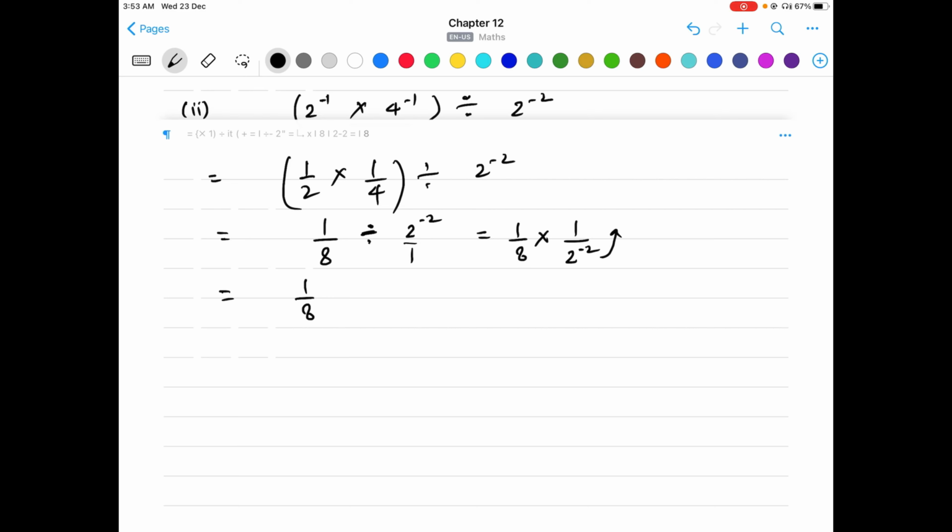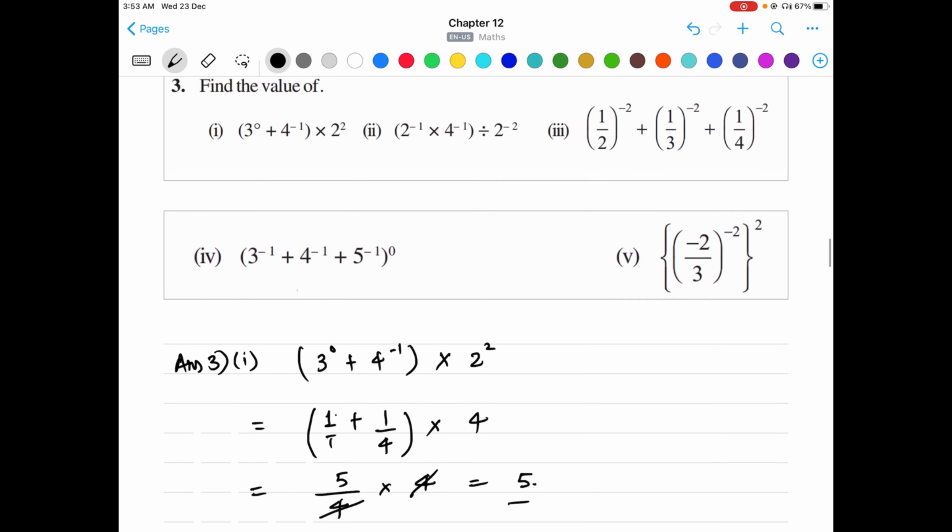So now we have this 1 by 8. Now if we shift this number to the denominator, it will be multiplied by 2 power plus 2, that is 1 by 2 power 2, which is 4. When you divide 4 by 8, you will get 1 here and 2 here, so the answer is 1 by 2. The answer for the second part of this is 1 by 2.